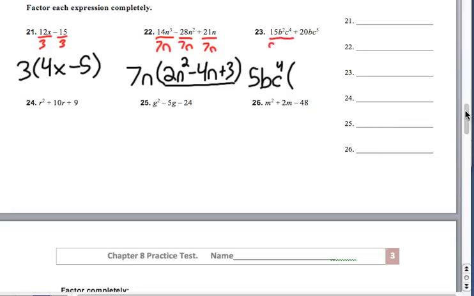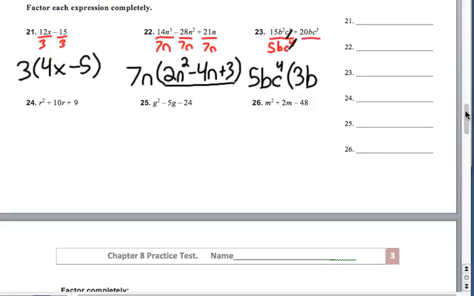Now again, picture dividing that out of both terms. So 15 divided by 5 is 3. b squared divided by b is just b. c to the 4 divided by c to the 4, well, that's just gone then.